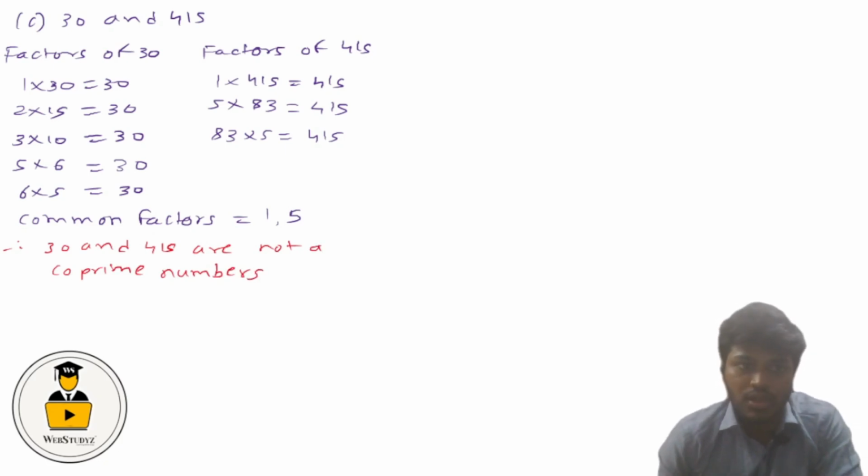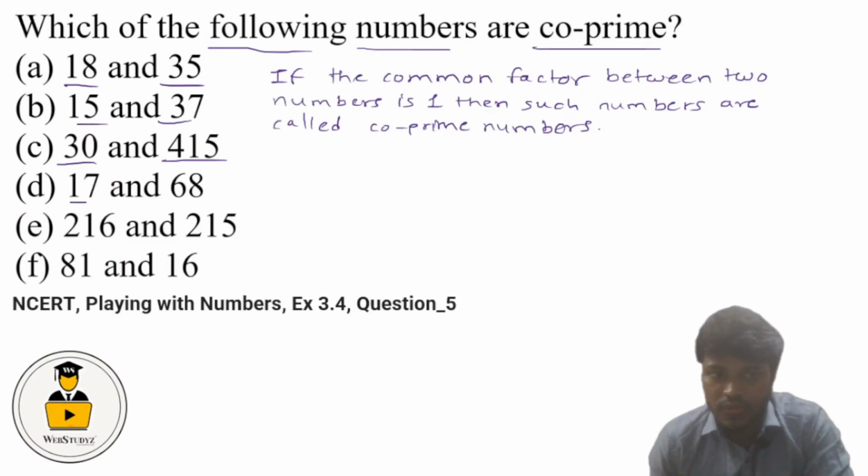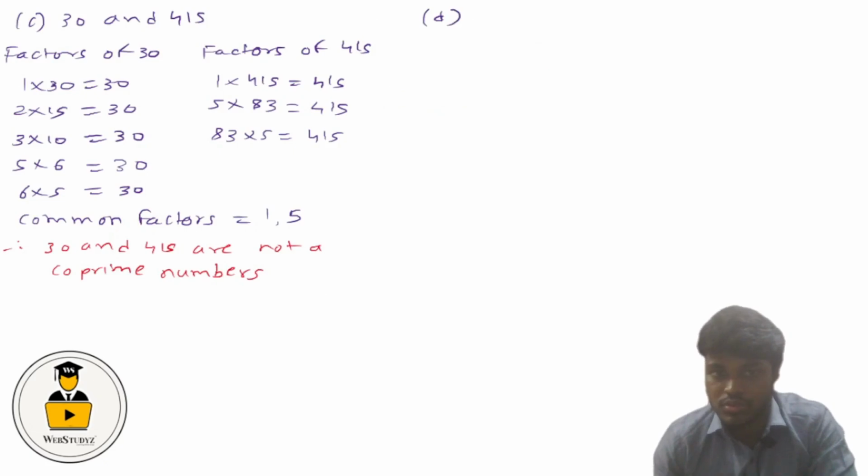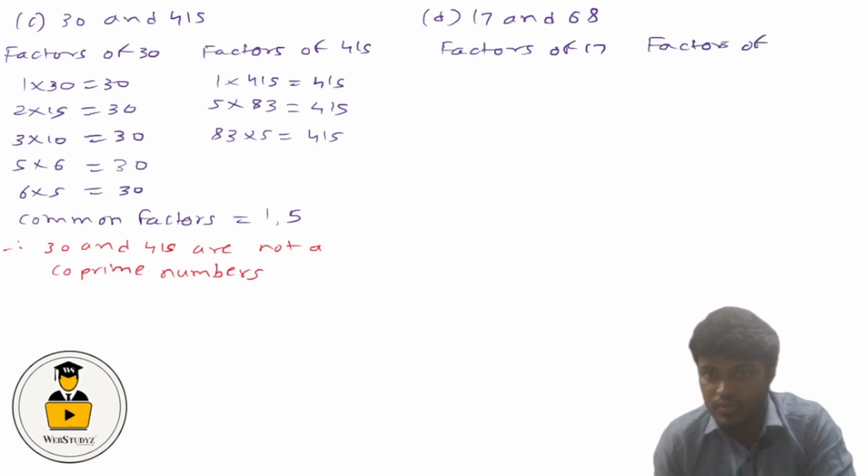Now, similarly, let us consider the next pair. So we have 17 and 68. Let us find out the factors of 17 and the factors of 68. 1 into 17 will give us 17, then 17 into 1 is again 17.